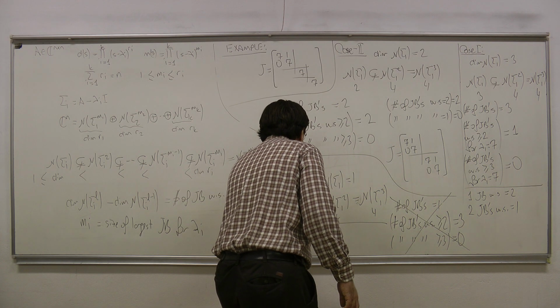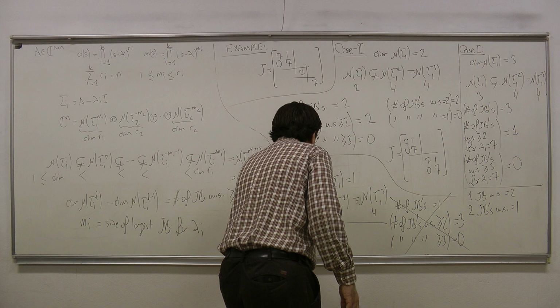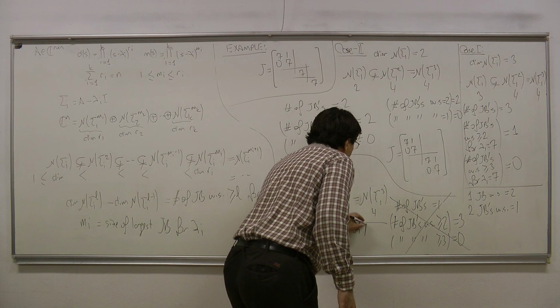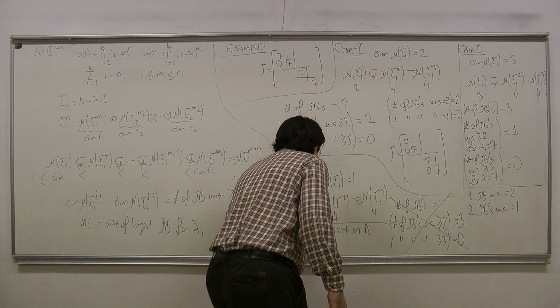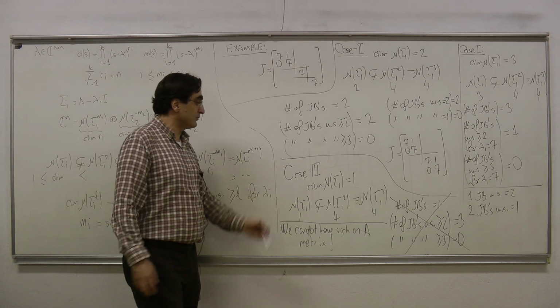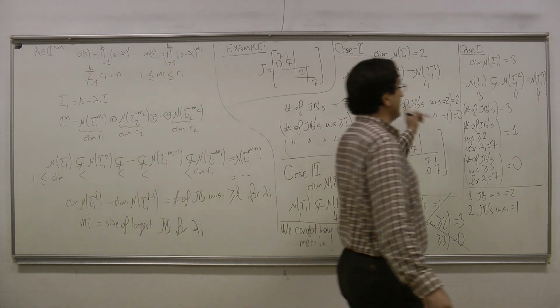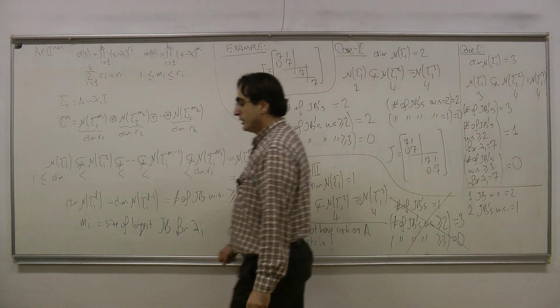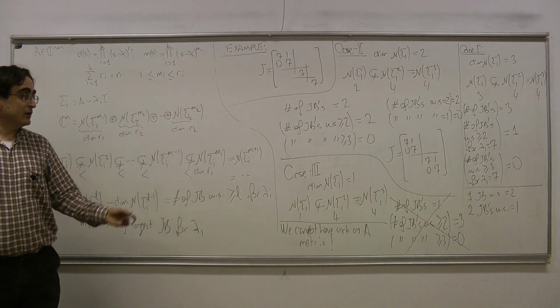So really, we do not have a case 3 here. We only have 2 cases which are possible, and the third case is actually impossible. So here, what do we see?